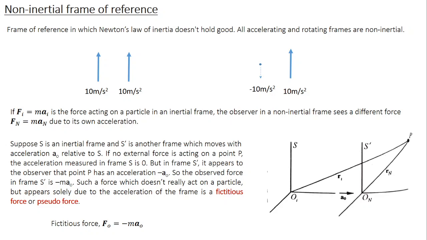Let's quickly see what's the relation between position vectors, velocities and acceleration. Now from this figure, this is Ri, this is Rn, and this distance you can derive using Newton's equation. You know distance S equals ut plus half at square.